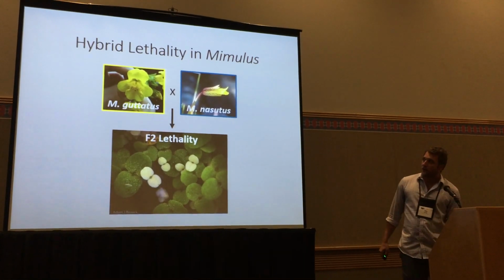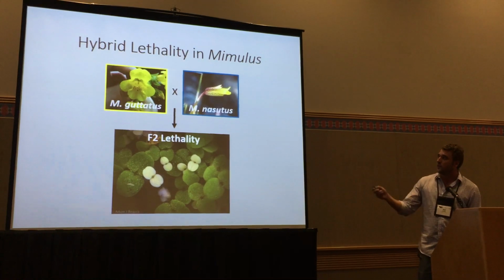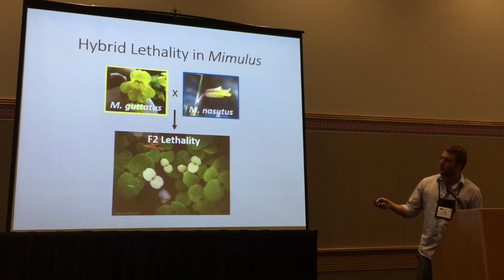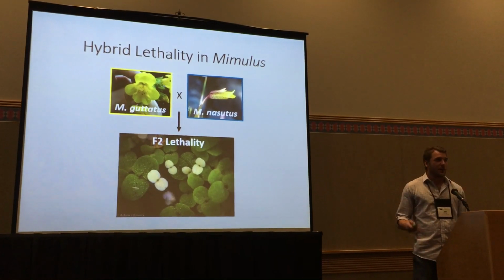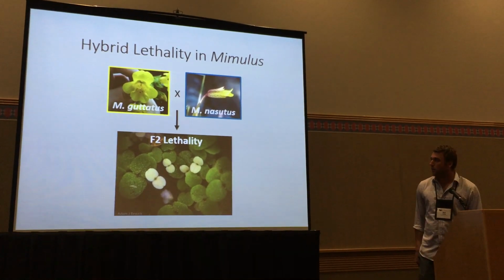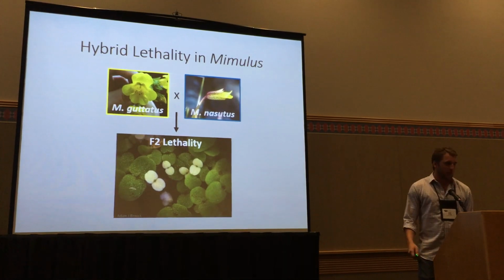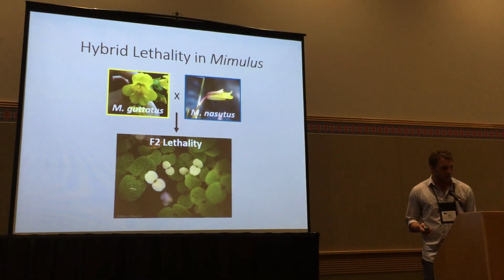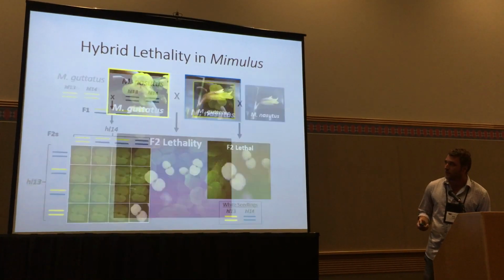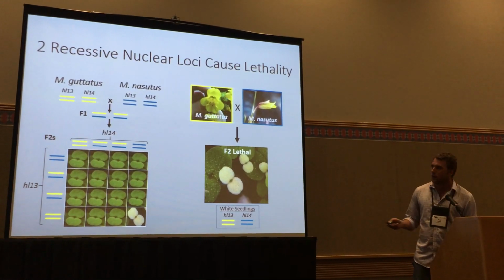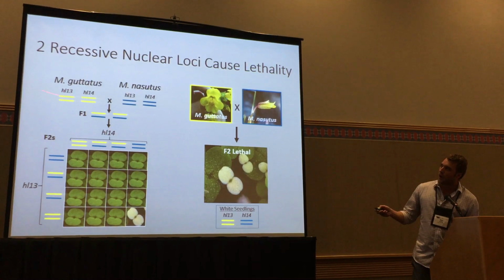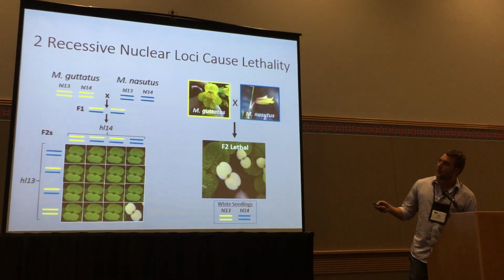Now, if you cross certain lines of Mimulus guttatus and nasutus reciprocally, in the F2 generation you wind up with all these white seedlings. They don't have chlorophyll, and they die shortly after germination, which is pretty crazy. As it turns out, 1/16 of the progeny die, and early on I mapped the loci involved. I call them hybrid lethal 13 and 14.